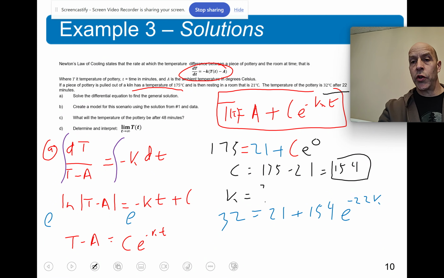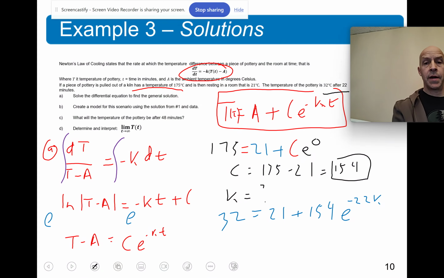So I've got to do 32 minus 21, divide that by 154, do the natural log of that, and then divide by negative 22.